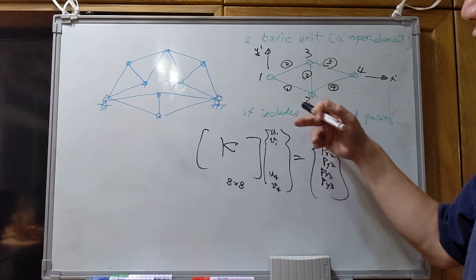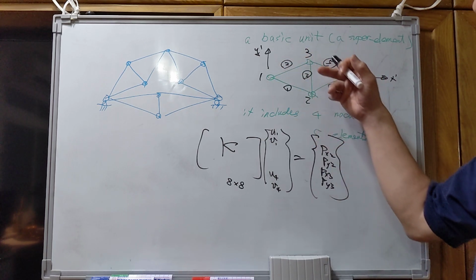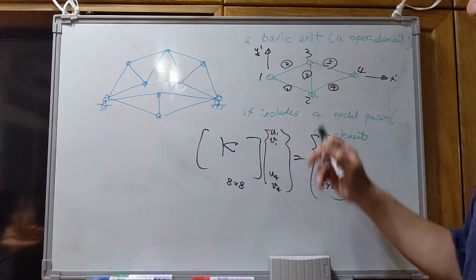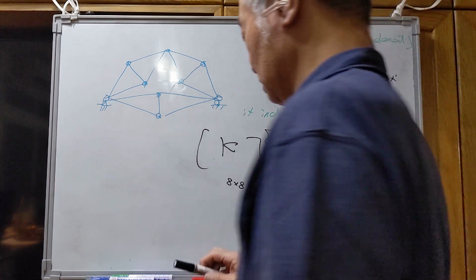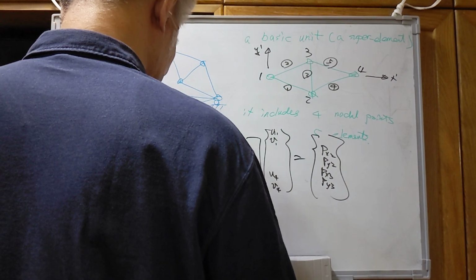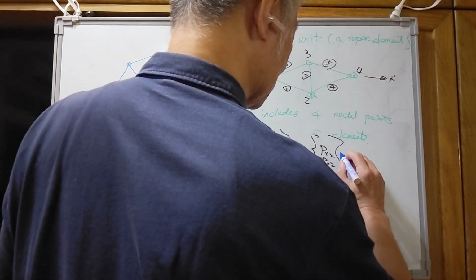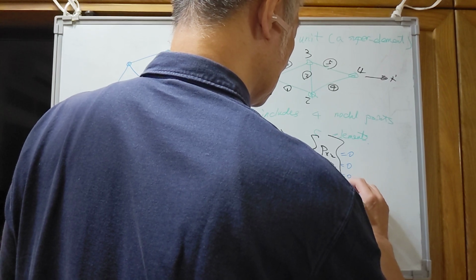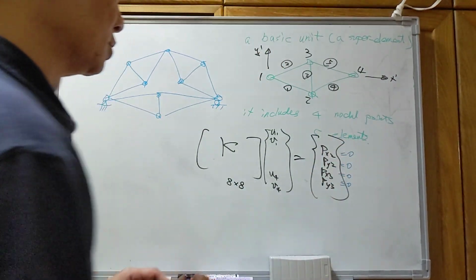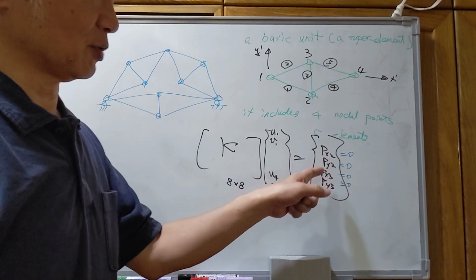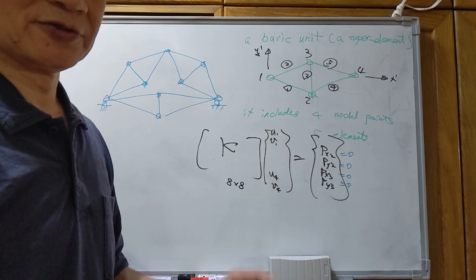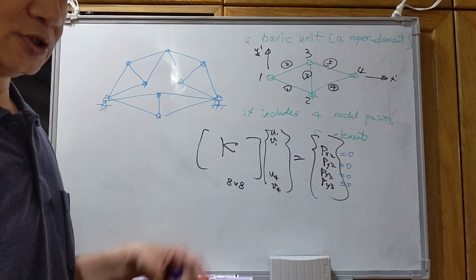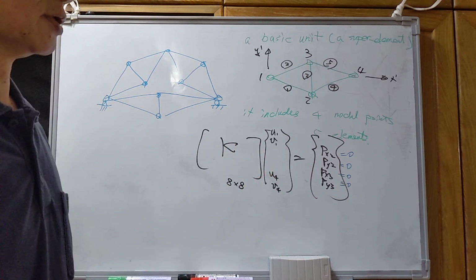So we know the forces should be equal to 0: Px2, Py2, Px3, Py3, the external loads, are equal to zero.